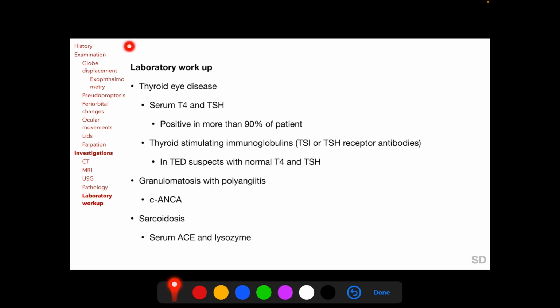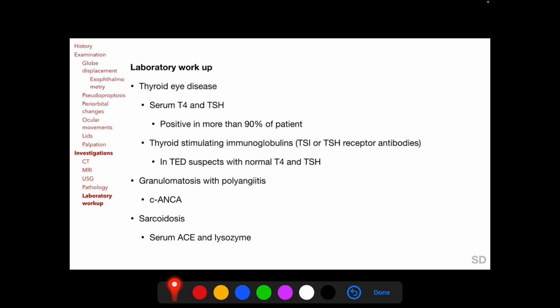Situations where laboratory workup is required for patients with orbital diseases include thyroid eye disease, in which serum T4 and TSH are routinely evaluated and turn out to be abnormal in more than 90% of patients with TED. In TED suspects with a normal T4 and TSH, thyroid stimulating immunoglobulins, also called TSI or TSH receptor autoantibodies, are analyzed.